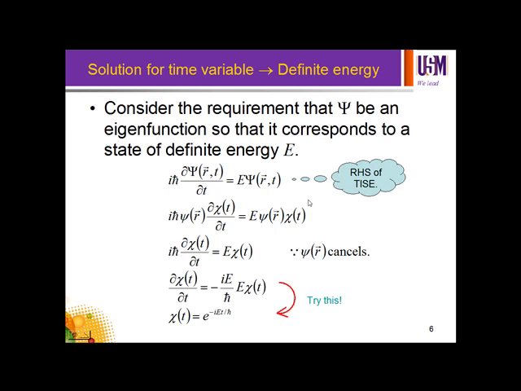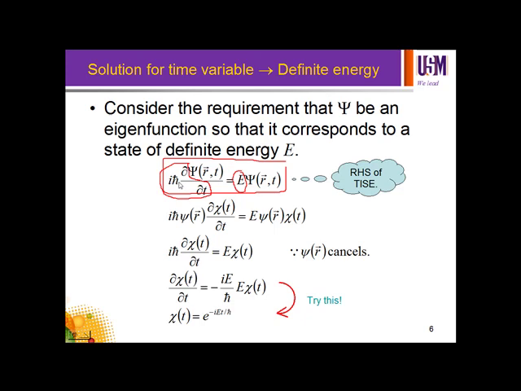Consider the requirement that the wave function capital psi be an eigenfunction so that it corresponds to a state of definite energy E. Basically, we are looking at the right hand side of the time dependent Schrodinger equation in the previous slide. i h bar del per del t is actually the operator for energy E. Again, you can see that this is the same form as the rule for the eigenvalue and the eigenfunction.